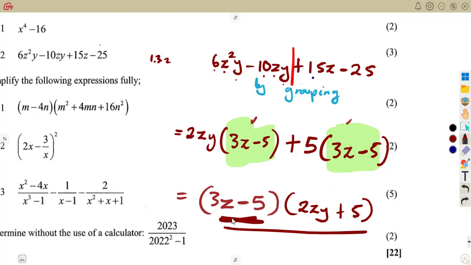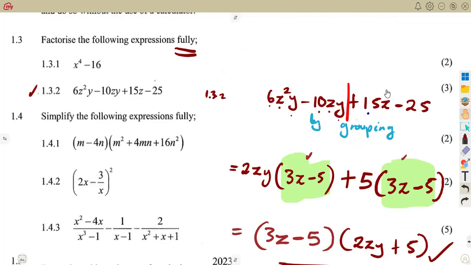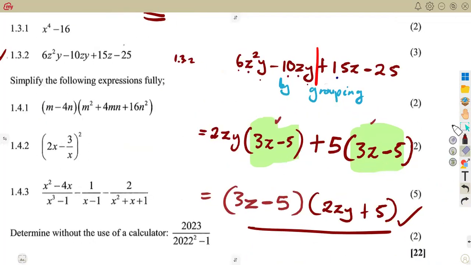In this bracket, is there anything common that you can factor out? Nothing. In this bracket, is there anything common that you can factor out? Nothing. So we have factorized fully. We are supposed to do our factorization fully or completely. That is the case. Just like that. All right. So that is it, guys.